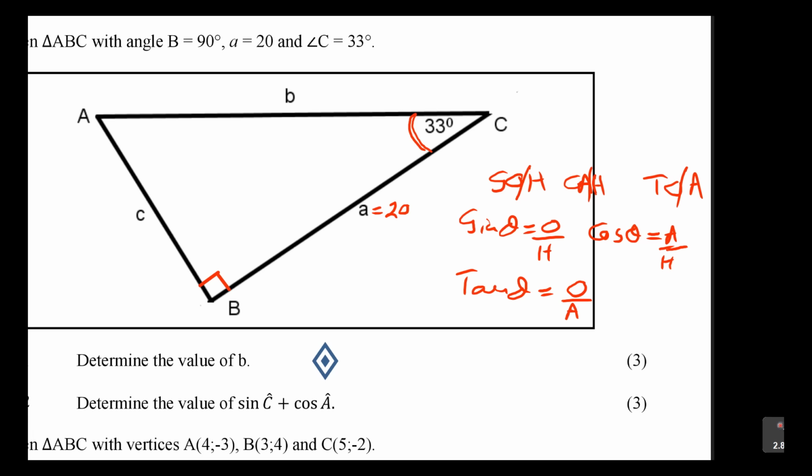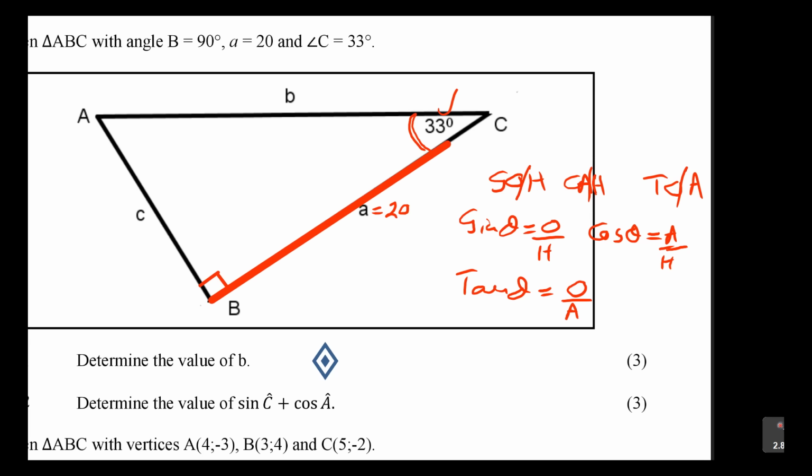Now after that, you need to identify within your triangle which one is the opposite, which one is the adjacent, which one is the hypotenuse. Now the moment you're given that angle 33, what I usually do is take a line to say, so this is my line of interest here.